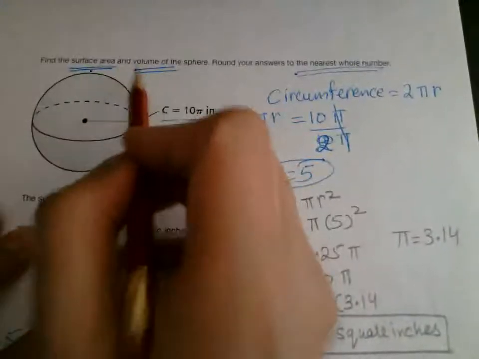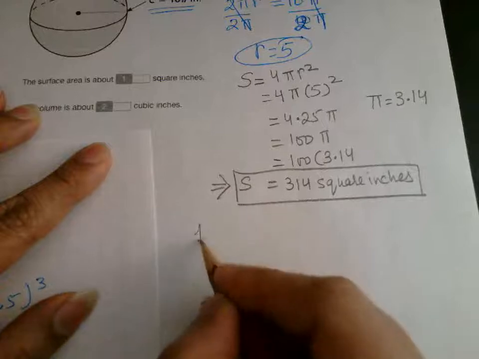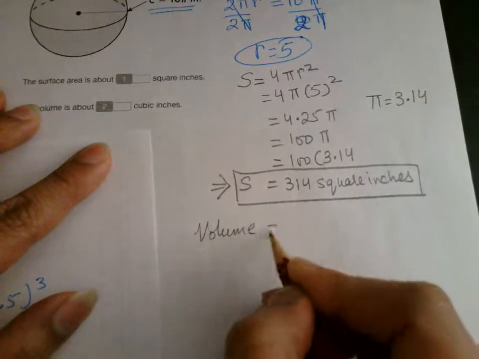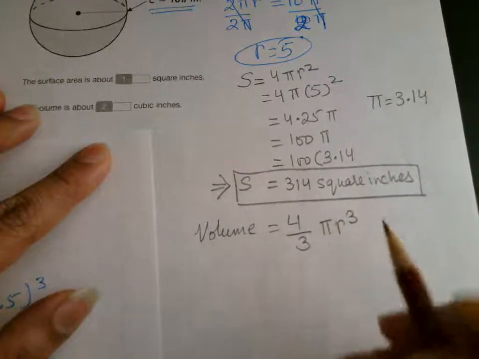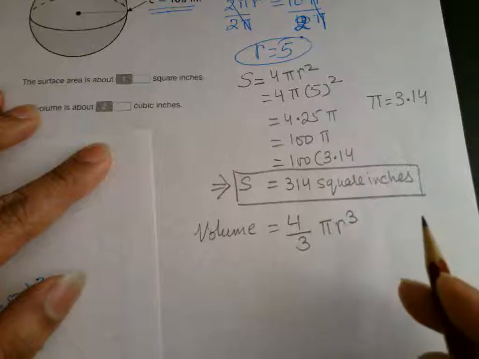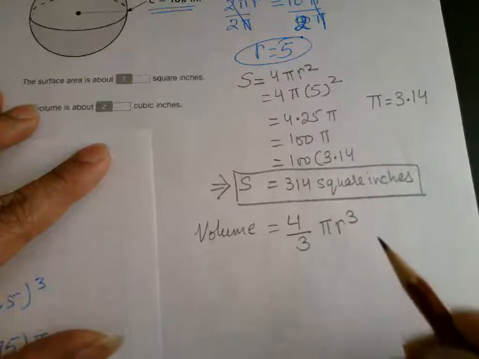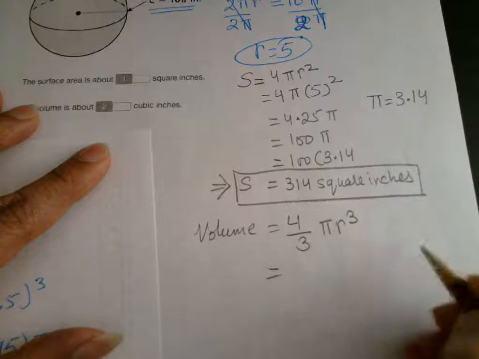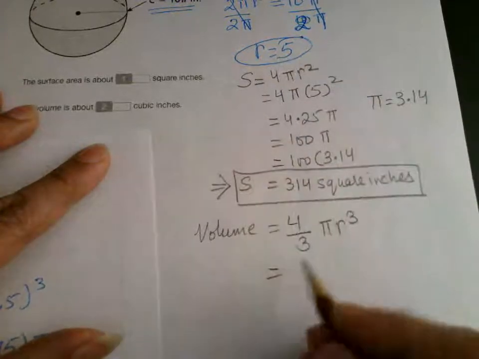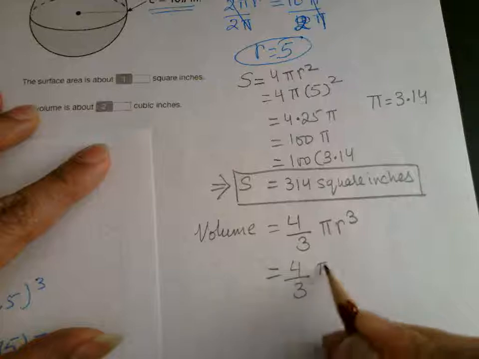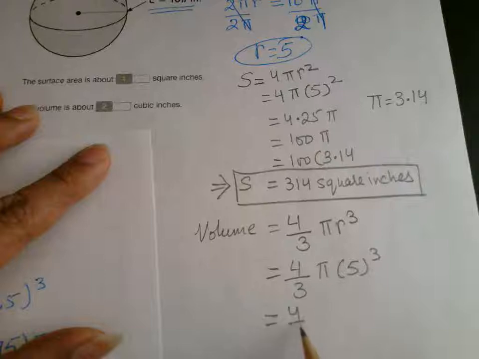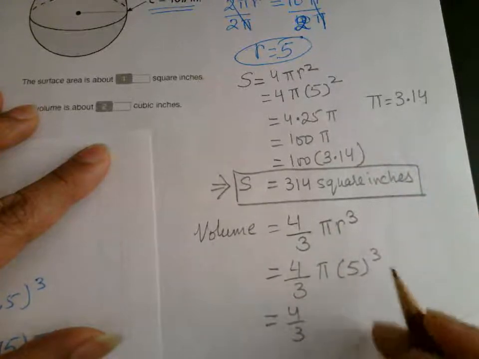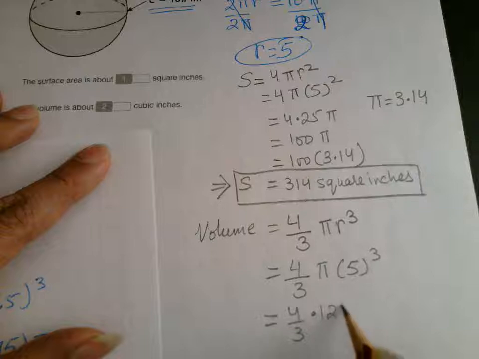Now, what they're asking about is volume. Let's find the volume. The formula for volume of a sphere is 4/3 pi r cubed. Again, why cubed? Because it is a volume, and volume is represented in cubic units. Let's plug in the value of r. R from here is 5. So 4/3 pi 5 cubed. 5 cubed is nothing but 125, and then I have a pi.